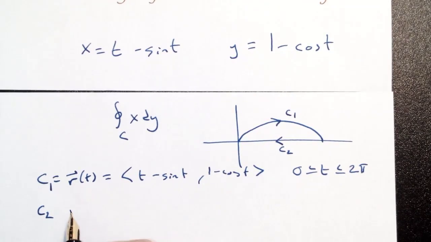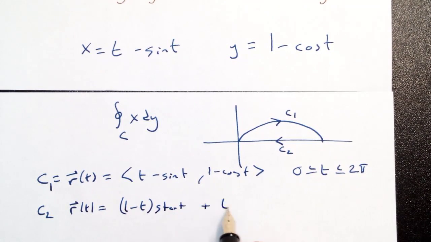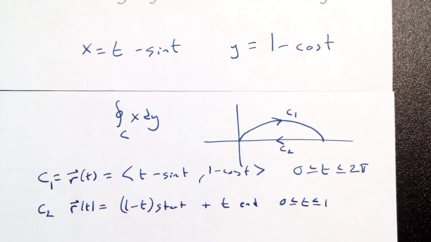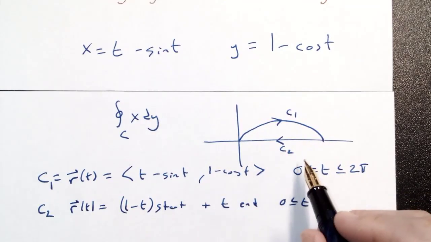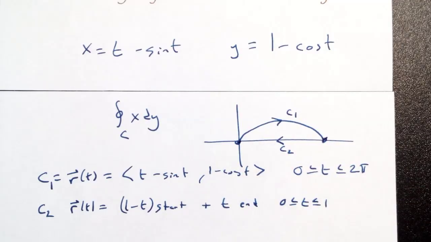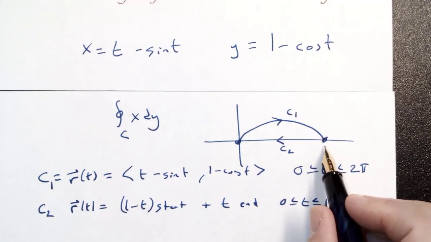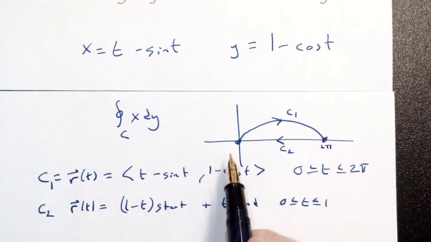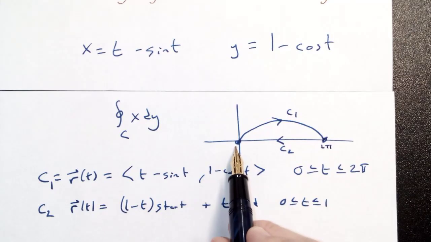Remember, when I'm doing a straight line, I use that, right? But for this curve, we start here and we end there. What's the x value here? And the y value here, sorry, the x value here.